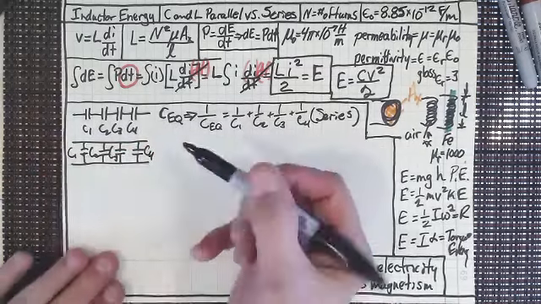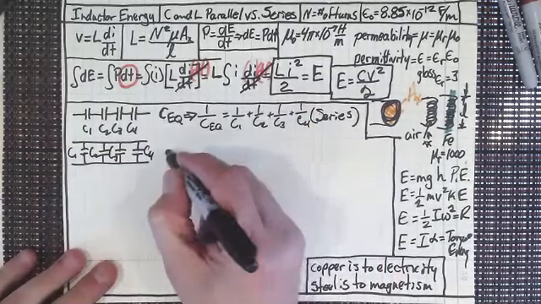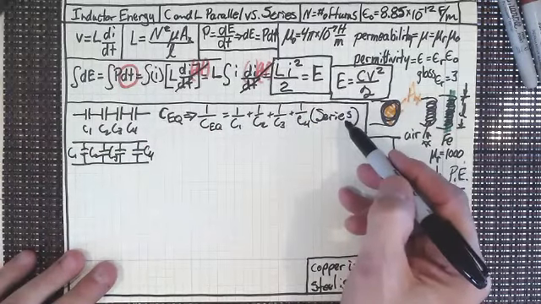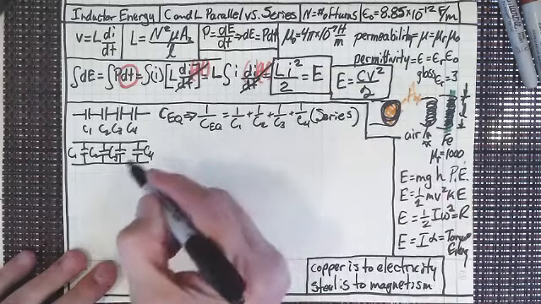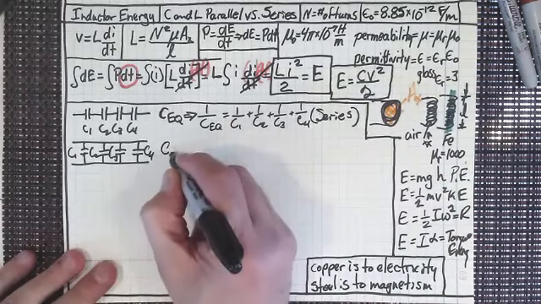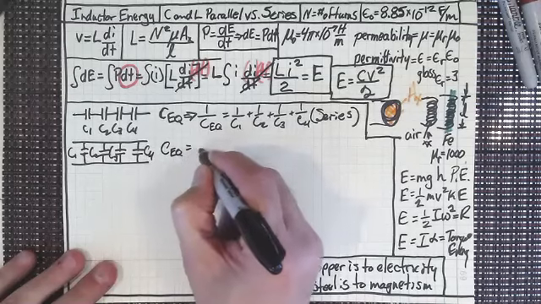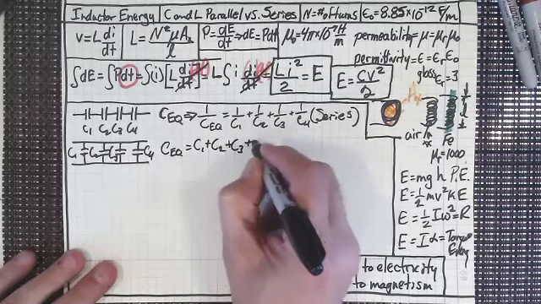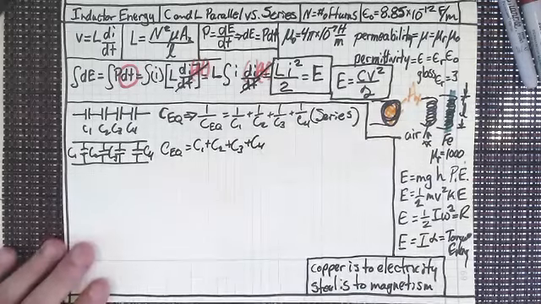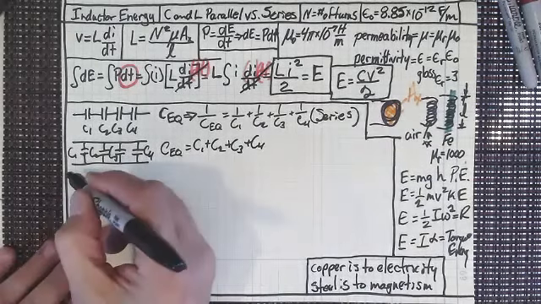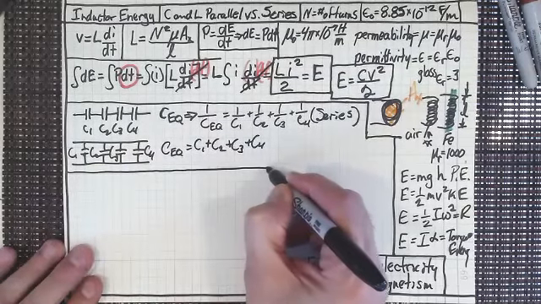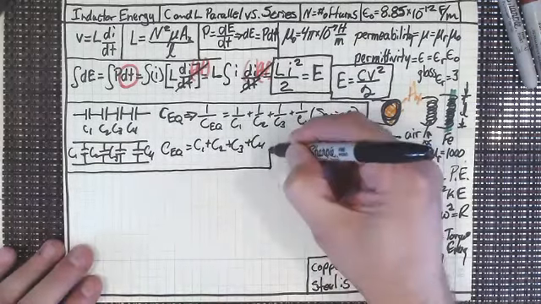So I've got the same capacitors. So this would be just like, of course, resistors in parallel. And so these in parallel, C equivalent is just C1 plus C2 plus C3 plus C4. Very, very easy to see how to add those. They work exactly opposite to resistors.